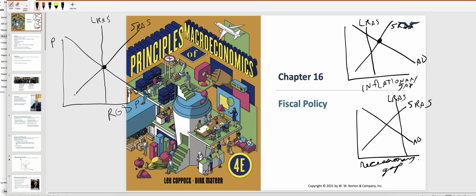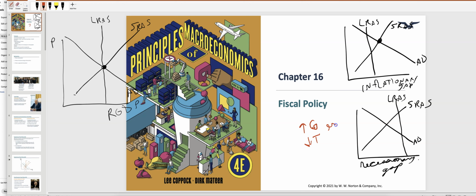What you would want to have done here, and this is just giving you a preview of what you're going to see, is for the government to either spend more or reduce taxes, or both.